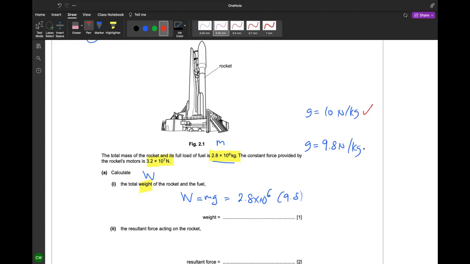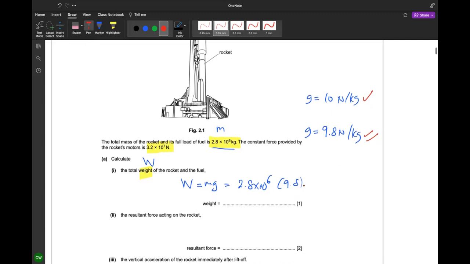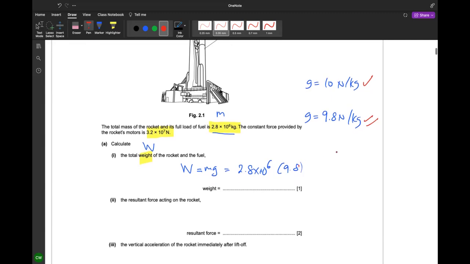If they do not give you anything, you use this one. 没有给的话，就用9.8. Okay, what is the weight now? How much is the value? 2.8 power 6 times 9.8. How much is it? How many Newton? So can you give me the value?